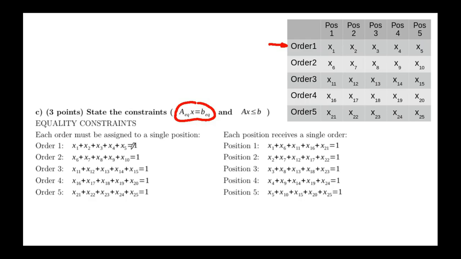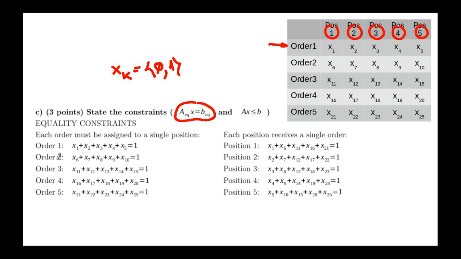So that's the way I'm forcing only a single number equal to 1, because as you may remember, Xk can be 0 or 1. So I'm forcing that a single number within these first 5 elements in X will be equal to 1. So order 1 will be assigned to position 1, or maybe 2, or maybe 3, 4 or 5, but to a single position.